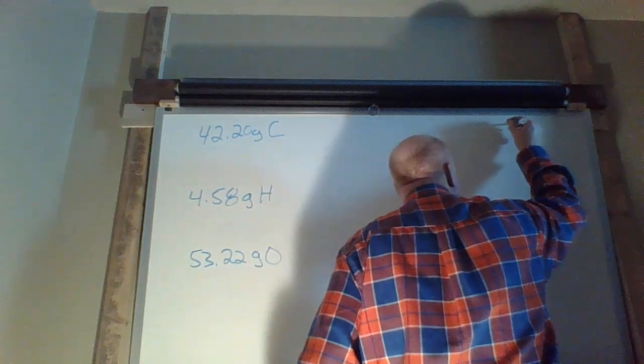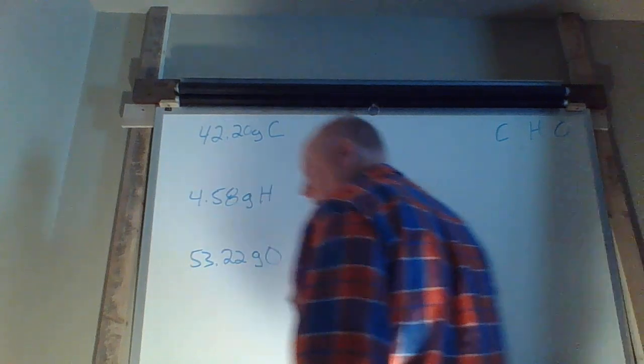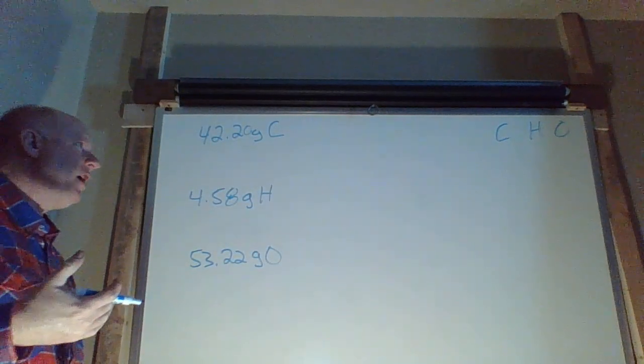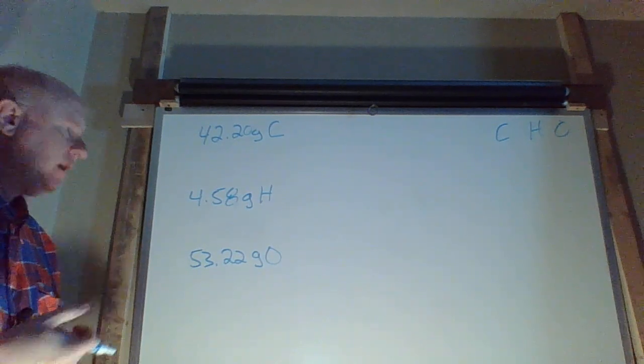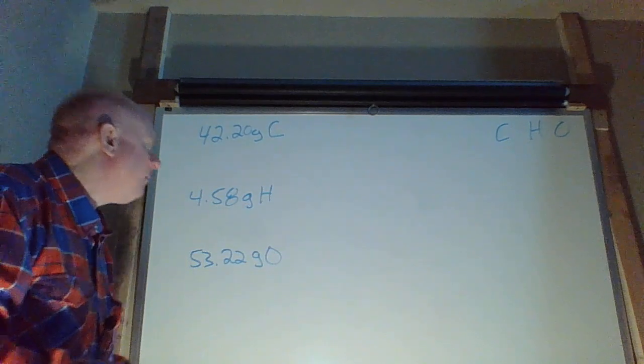Okay, so we know that the breakdown of this substance is carbon, hydrogen, and oxygen. Maybe that's a sugar, okay? Maybe that's a carbohydrate of some sort. Maybe it's a vitamin. Could be any one of those. So what you do then is mathematically calculate the whole number ratio for this.